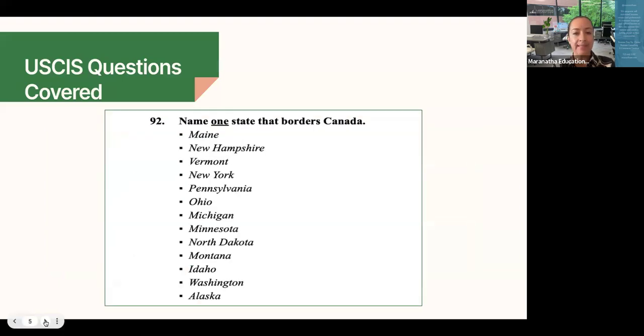Name one state that borders Canada. We went over all 13 states: Maine, New Hampshire, Vermont, New York, Pennsylvania, Ohio, Michigan, Minnesota, North Dakota, Montana, Idaho, Washington, and Alaska. For your test, you only need to provide one answer.